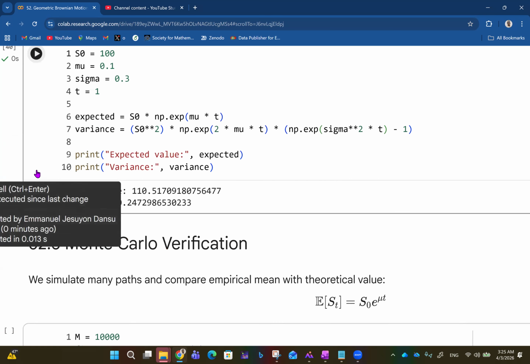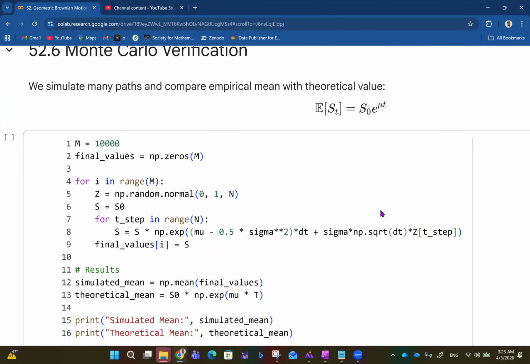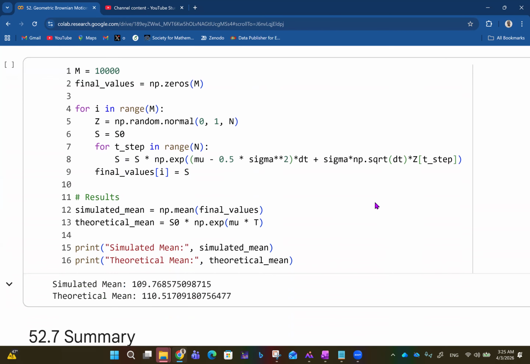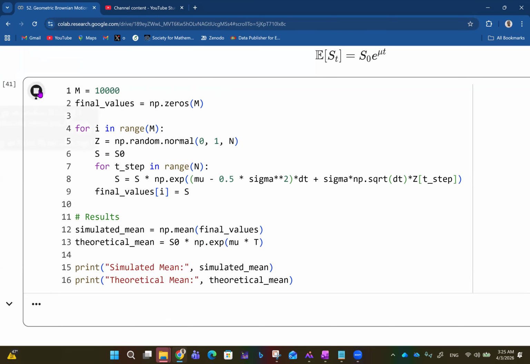Okay, then you can also have a Monte Carlo verification. So we simulate many paths and compare the empirical mean with the theoretical value. So this is the theoretical value, S naught e raised to mu t. If you want to use Monte Carlo verification, you imagine doing like 10,000 paths and comparing with the theoretical value, which we have up there. So going by Monte Carlo, we expect that the values are close by.